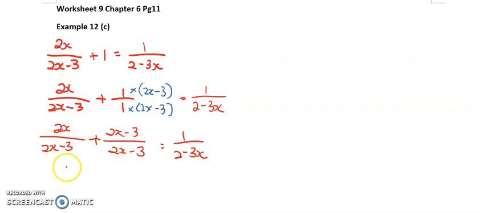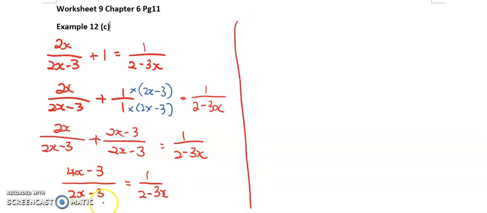So we add the numerator. Okay, we add the numerator, 2x plus 2x, we will get 4x minus 3 over 2x minus 3 equals to 1 over 2 minus 3x.